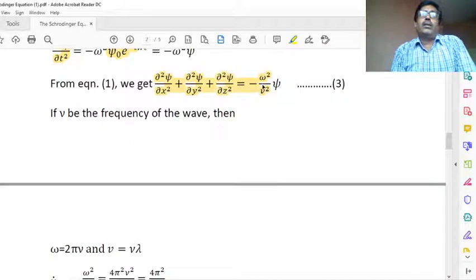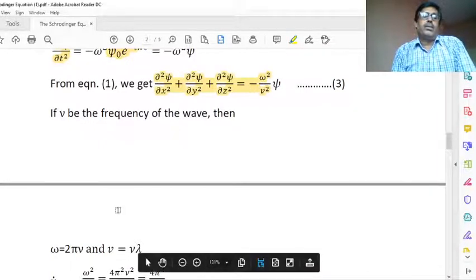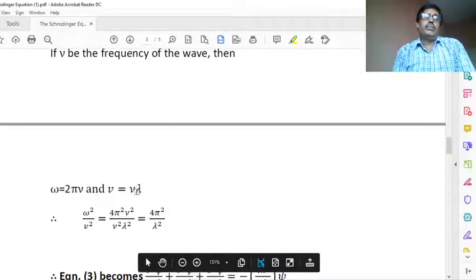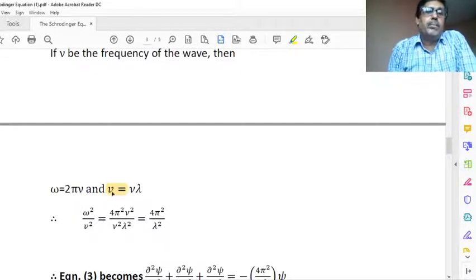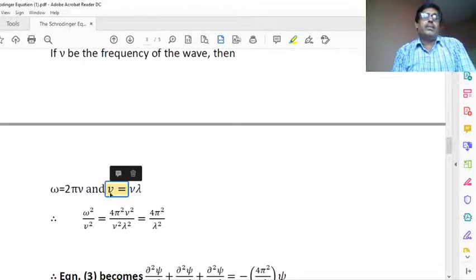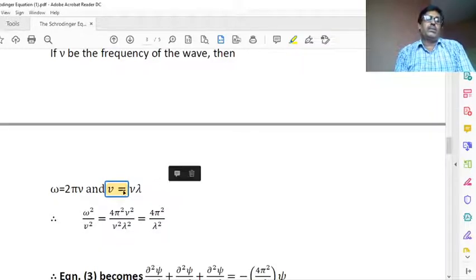As I told you earlier, omega is the angular velocity, or angular frequency, and omega is equal to 2 pi nu, where nu is the frequency, and also v is equal to nu lambda. Here you should not confuse between v and nu. This is nu and this is v. v is the velocity of the wave, nu is the frequency.